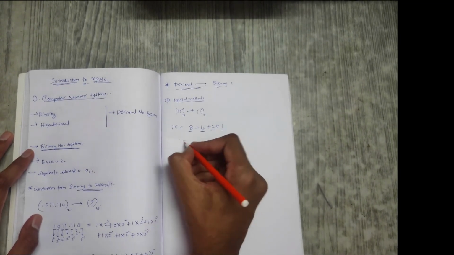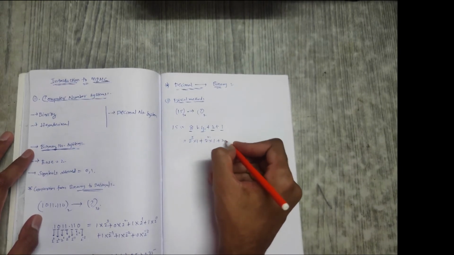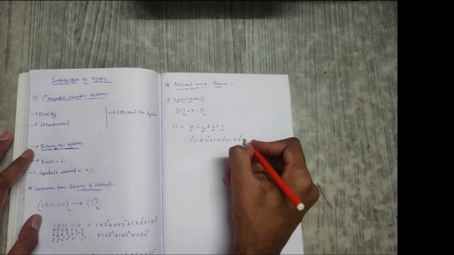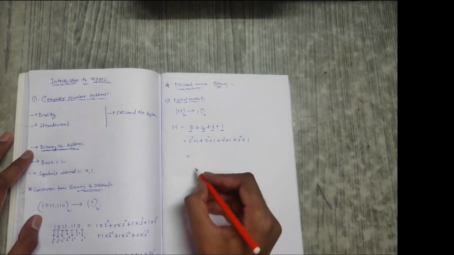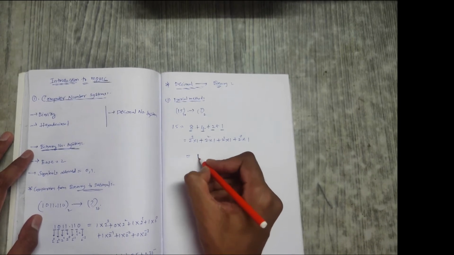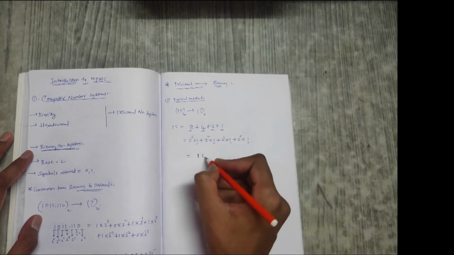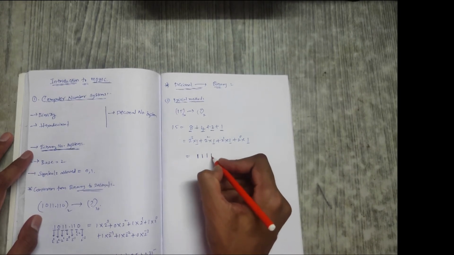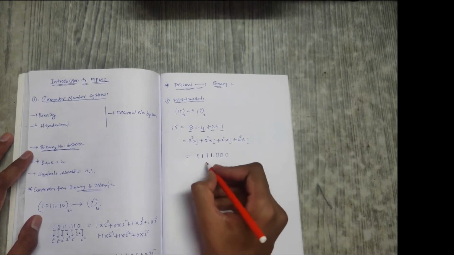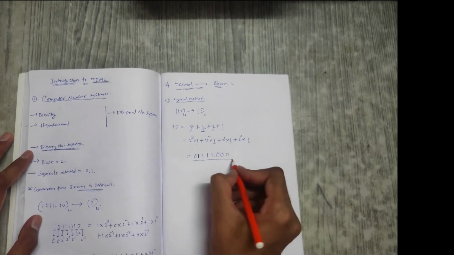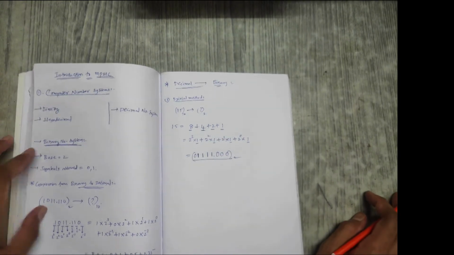So this 15 corresponds to 1 for 2 power 3, 2 power 2, 2 power 1, 2 power 0. Write the symbols. You can write zeros to the left. So this becomes the binary equivalent of the decimal.